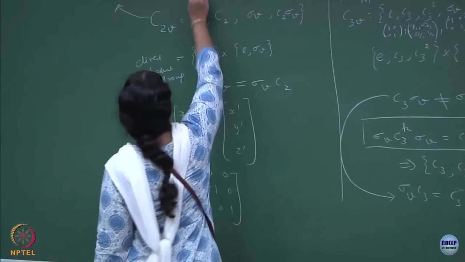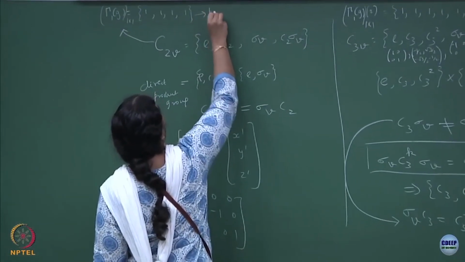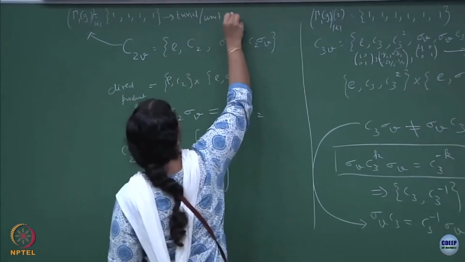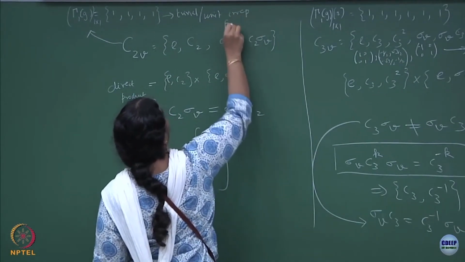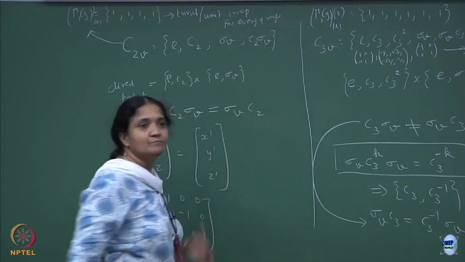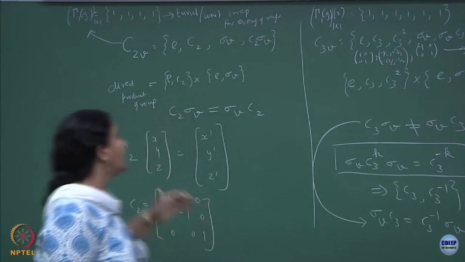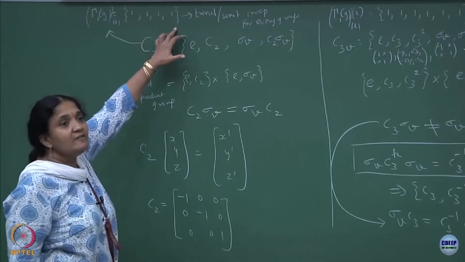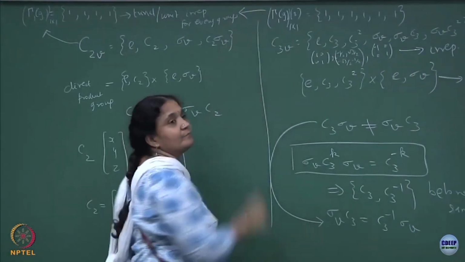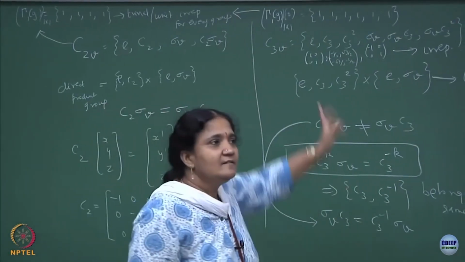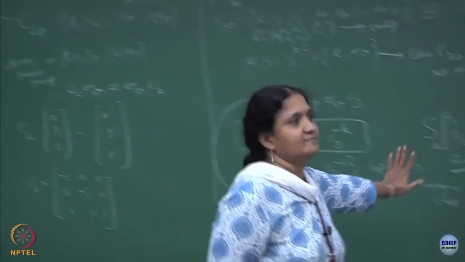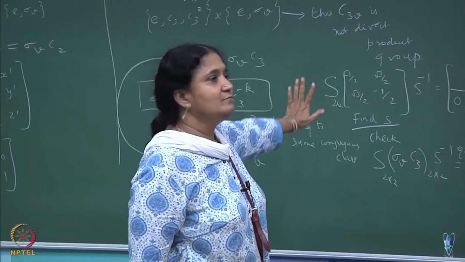So, this is a trivial, sometimes called unit representation, irrep for every group. Okay. So, the number of elements is the order. In this case it is 4, this case it is 6. That representation is there. Okay.